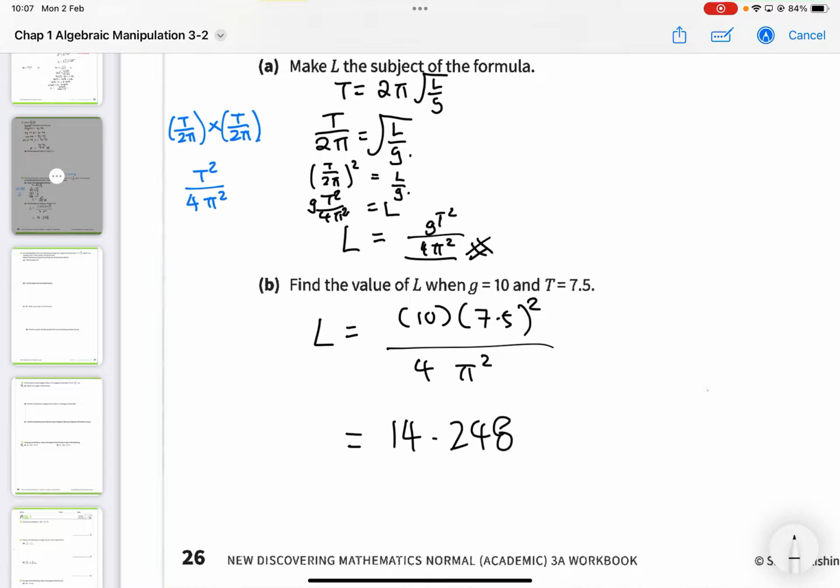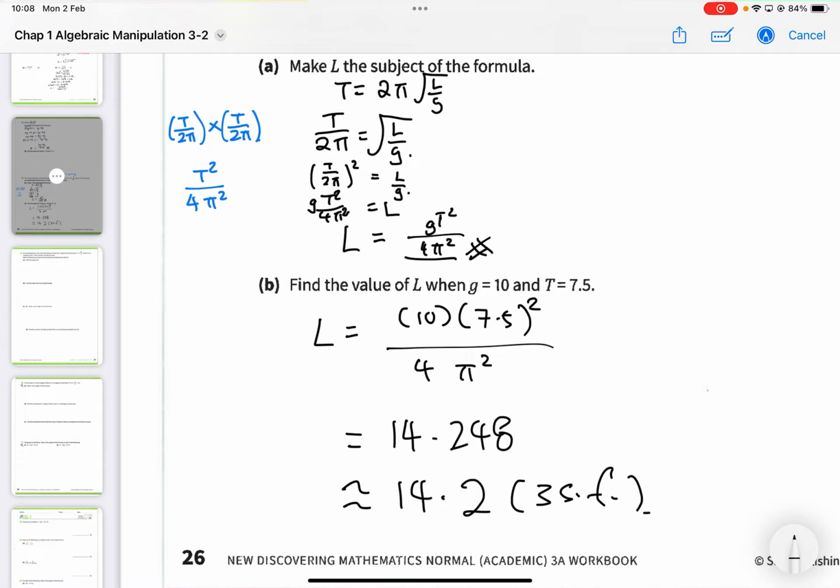You write a few more, then after that you say it is 14.2, 3 significant figures. Always make it a good practice. You write to 5 SF first, then in the last part you say that it is 3 SF. Round off.